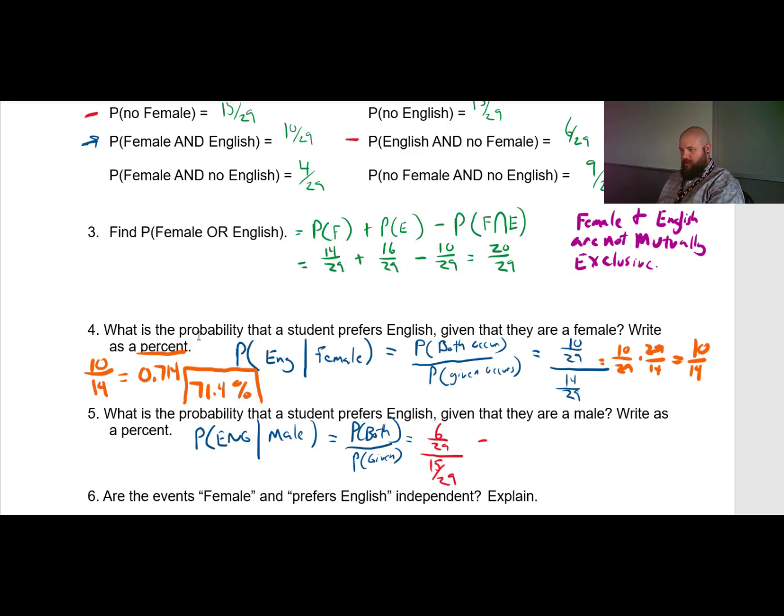And with doing a simple little math there, you should get 6/15. And that should give you 0.4, which is same as saying 40%. All right, so the probability that a student prefers English given that they're male is 40%. That's the percentage it's looking for.